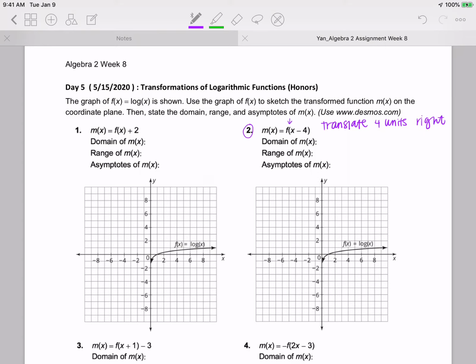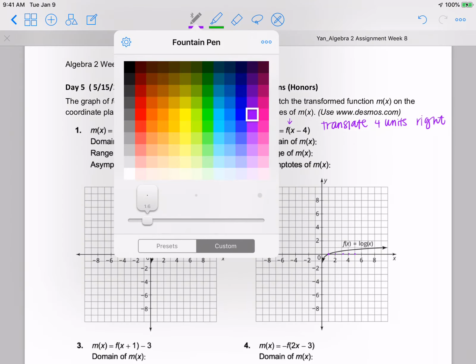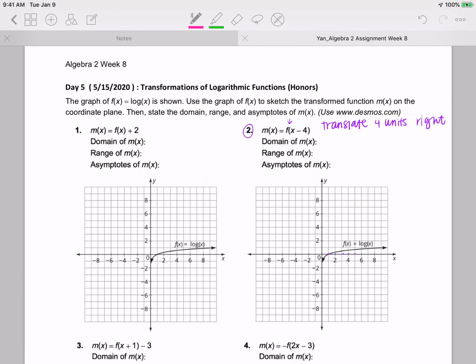Okay, so my function right now, right here, this is at 1, 0, right? I'm gonna be moving this 4 units to the right, which is 1, 2, 3, 4. And nothing else changed. So to finish drawing my new picture, that means it's gonna look something like this.